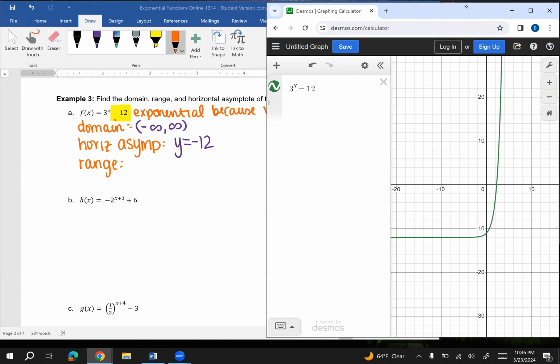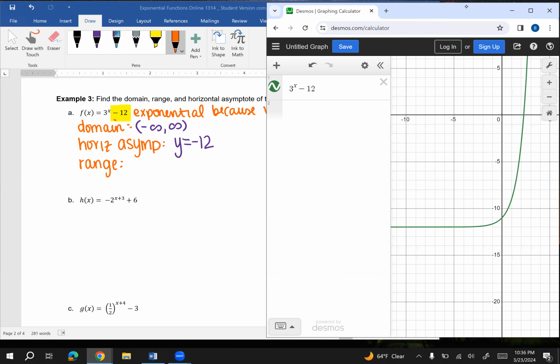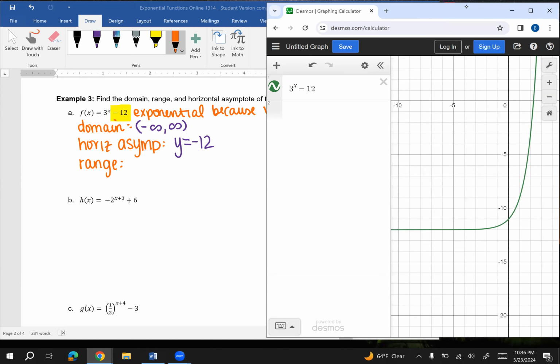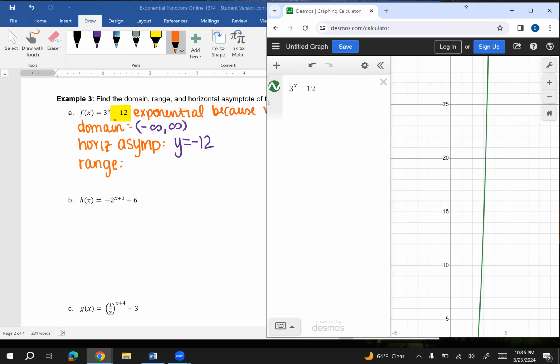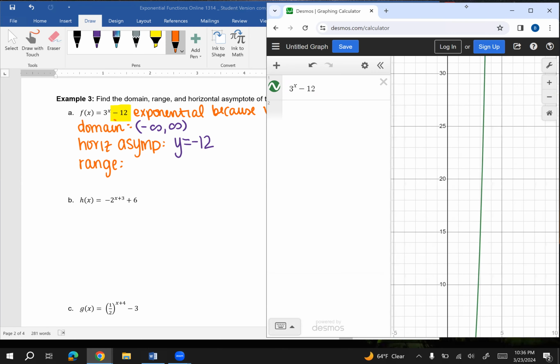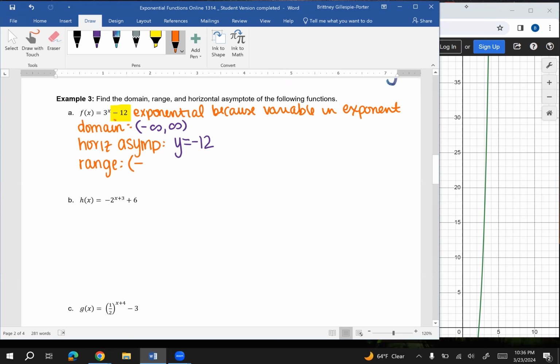Let's scan out. You can see that my graph is flattening out at y equal to negative 12. So we got the correct horizontal asymptote. It just keeps increasing and increasing, which means our range is going to be negative 12 to positive infinity.